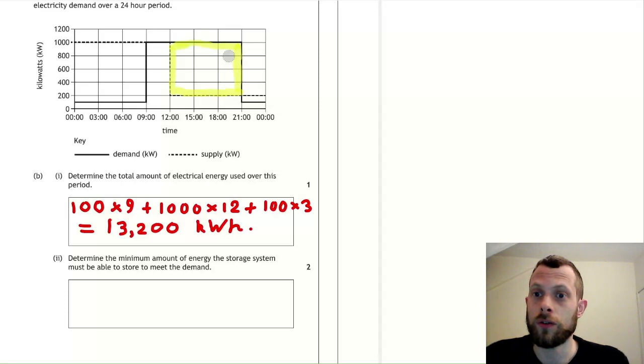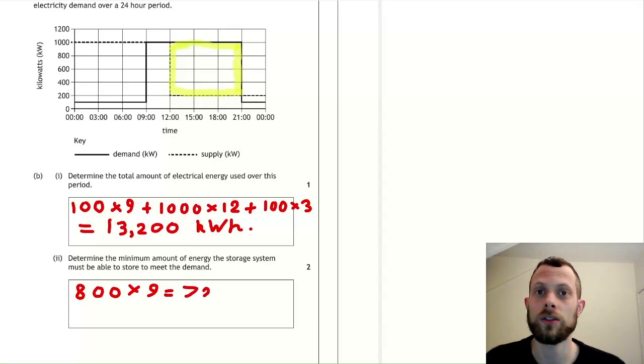So along the vertical axis it's from 1000 to 200 kilowatts, so that's a gap of 800 kilowatts, and this is carrying on for 9 hours. So we simply do 800 times 9. So 800 times 9 is 7,200 kilowatt hours.